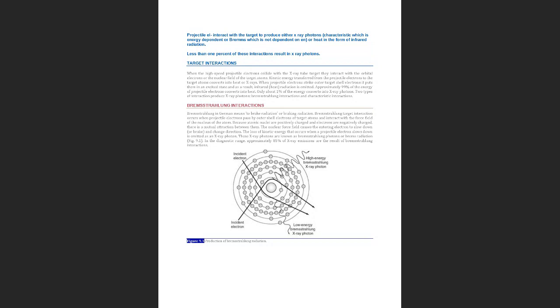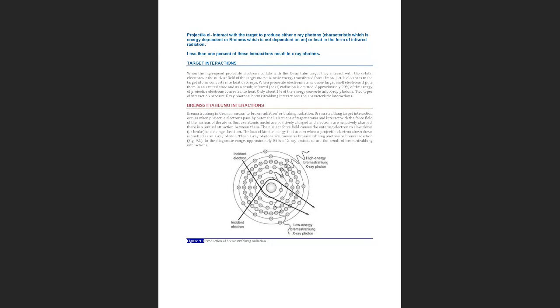These interactions are projectile-electron interactions with the target material. That interaction between the projectile electron and the target material can make one of three things. We could either have a Brem's X-ray photon being created, a characteristic X-ray photon being created, or heat being created in the form of infrared radiation.